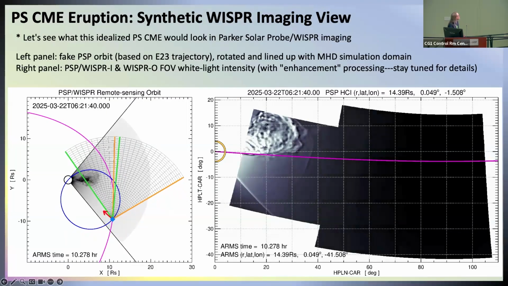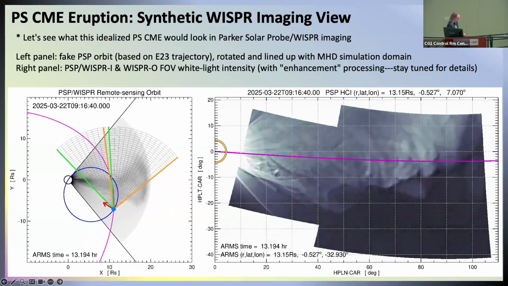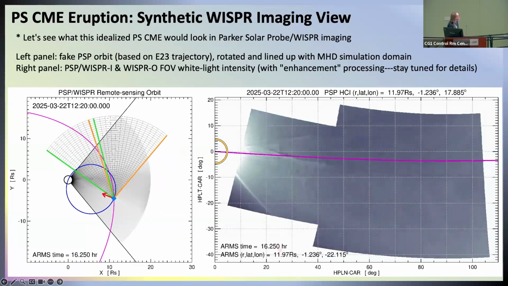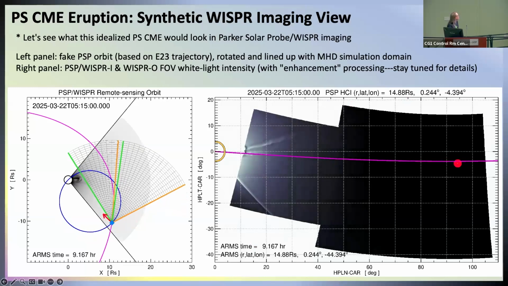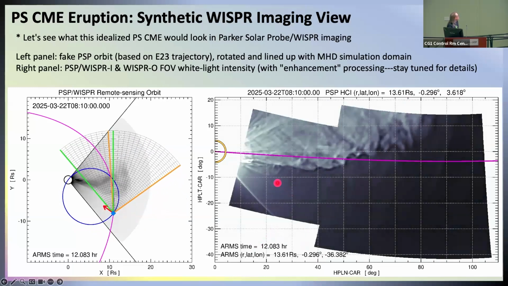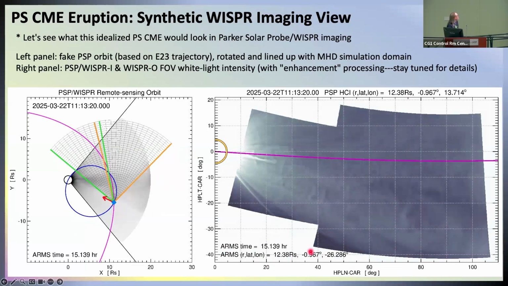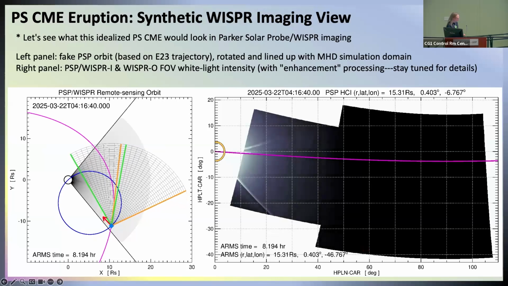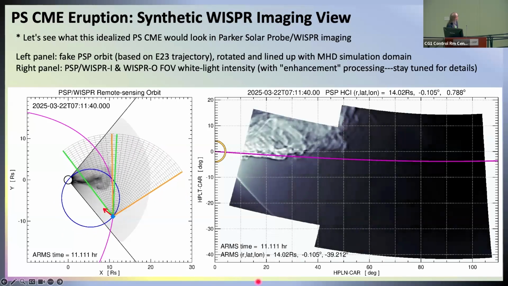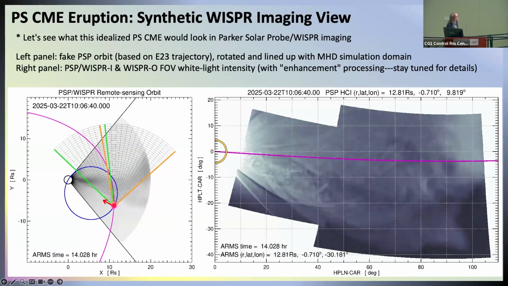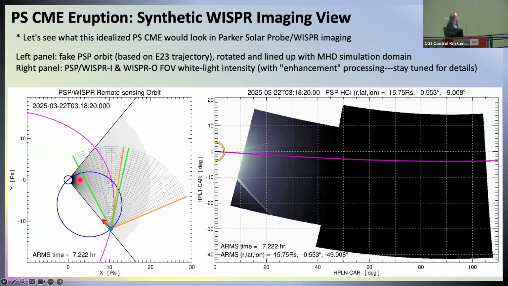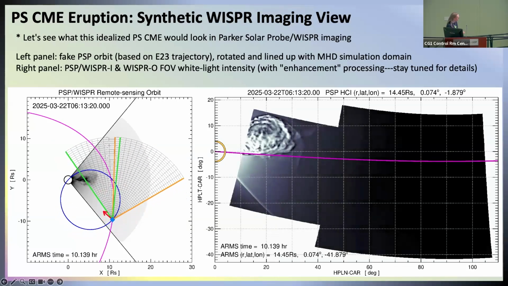And in fact, you can even fly through these simulations and make fake PSP WISPR white light imaging. And you start to see a whole bunch of this complex 3D structure as your spacecraft is kind of in and between all of this fun stuff.